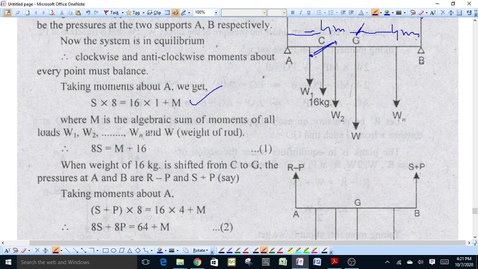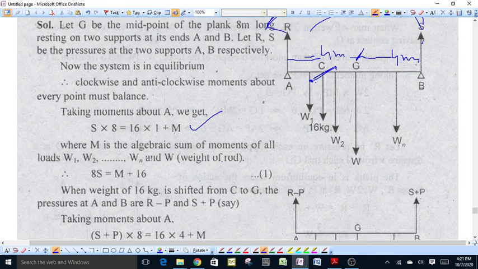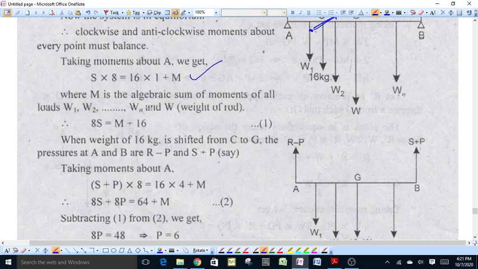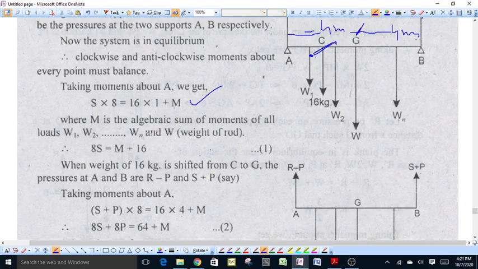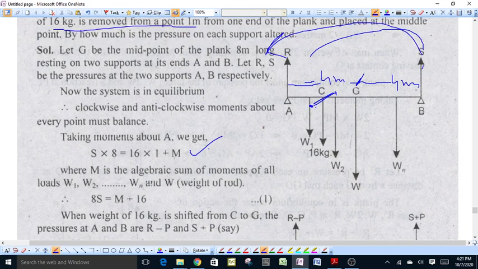When the 16 kg weight is shifted from C to G, the pressures at A and B will be R minus P and S plus P.